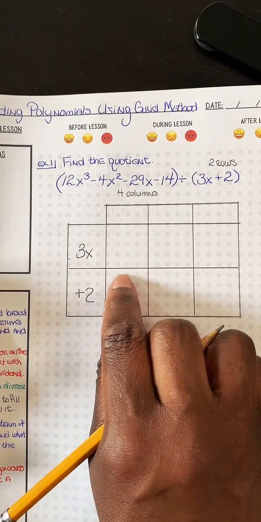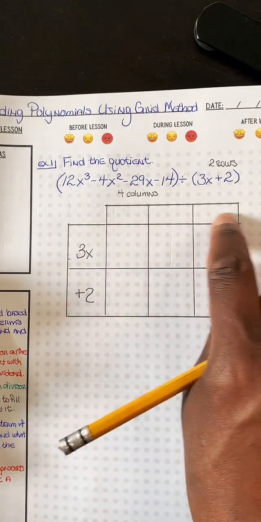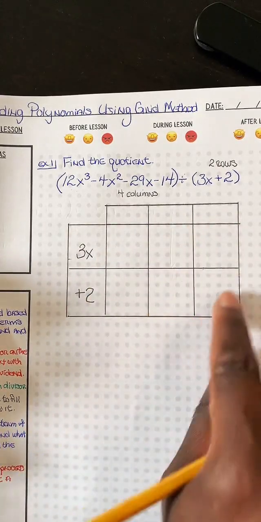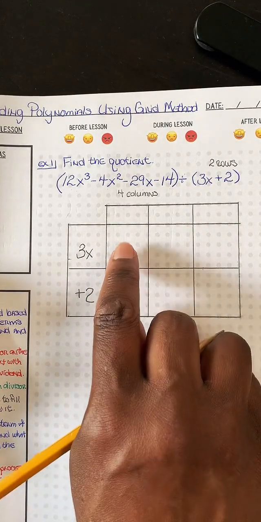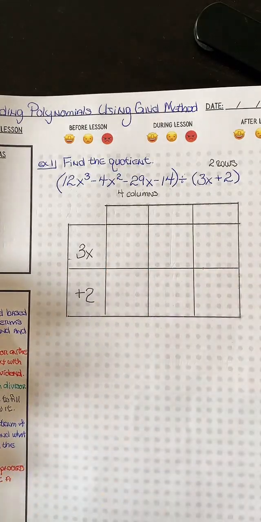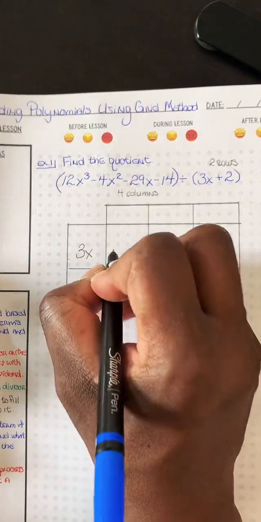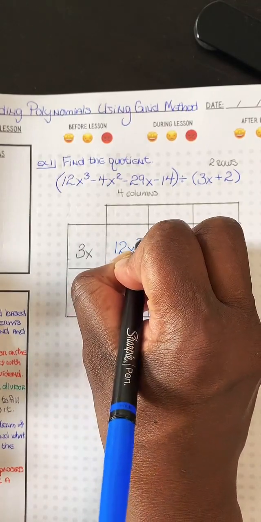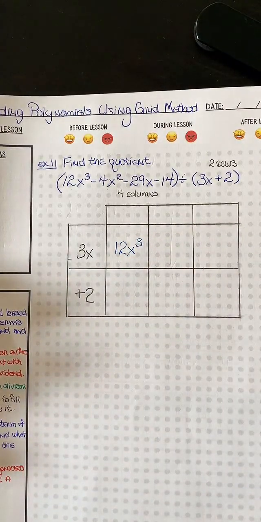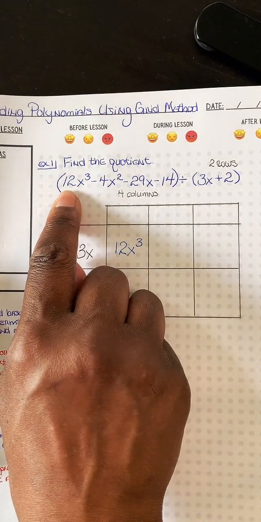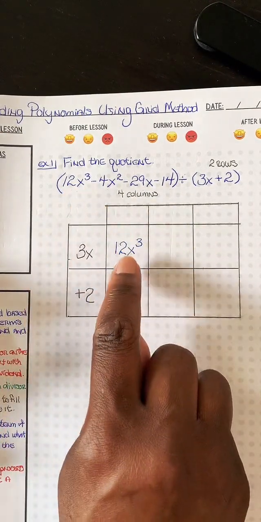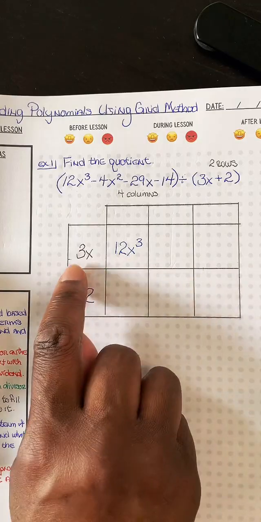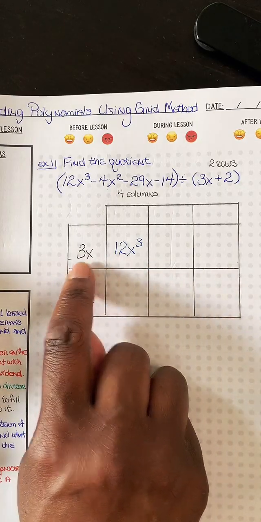But we're going to start, because this is going to kind of help us fill in the boxes, the first item that goes in, and I'm going to put this in blue, is my 12x cubed. So we take the first term of my dividend to put into the box next to the divisor.